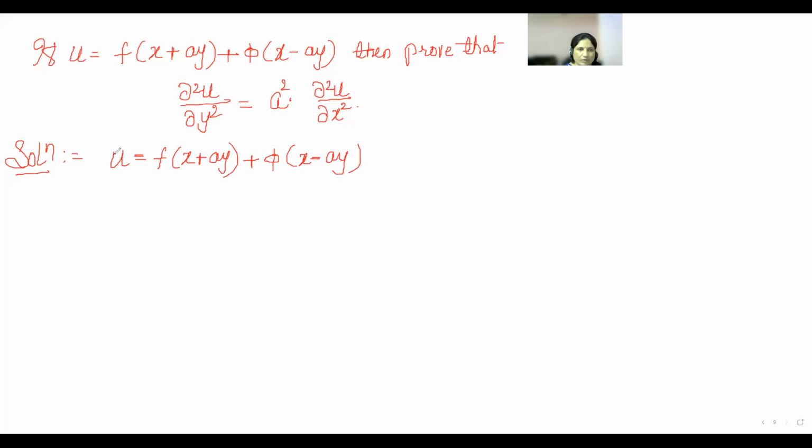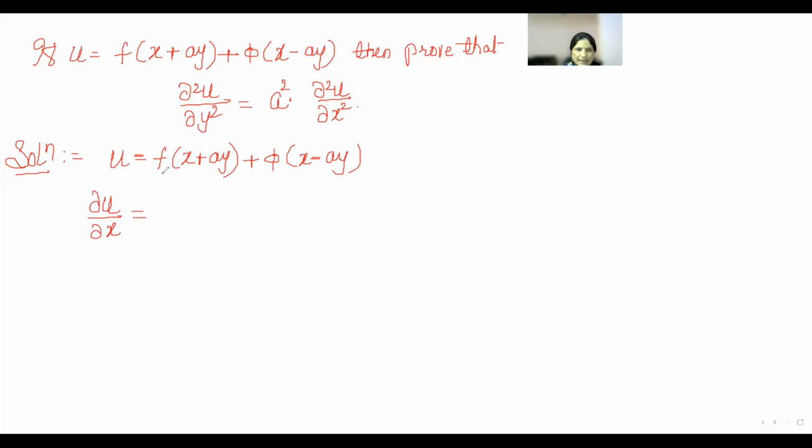Now taking the derivative of this function with respect to x first. With respect to x, so ∂u/∂x is equal to the derivative of the given function f of x plus ay plus phi of x minus ay.